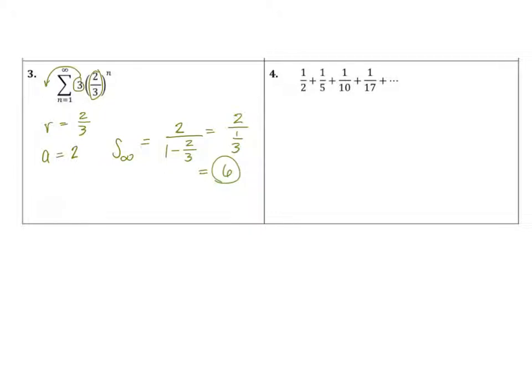All right, so for number 4, if we go through and try to find our rule, there's not going to be much difference here. This is from an earlier problem, because when we look at these terms from one to the next, that's going to be n squared plus 1, and it's really 1 over that.